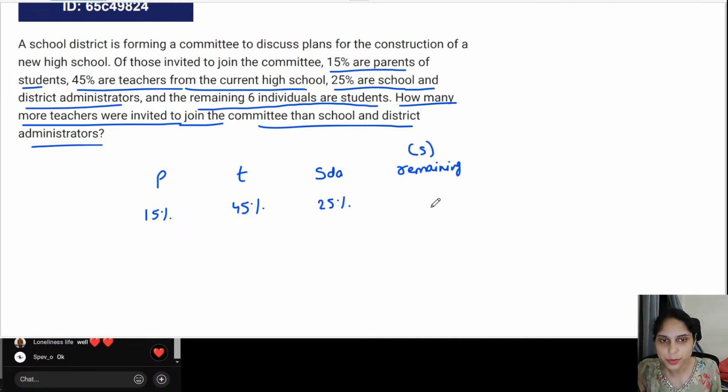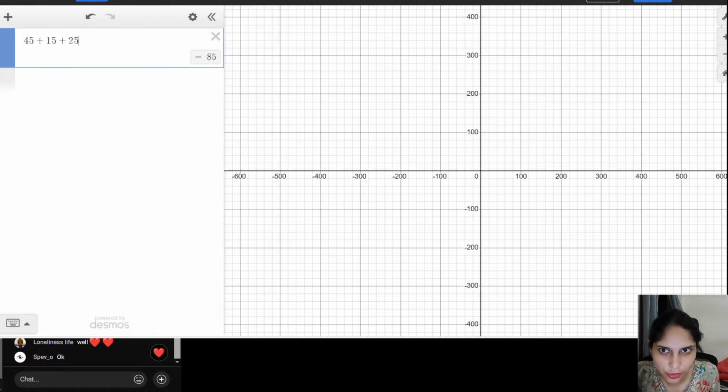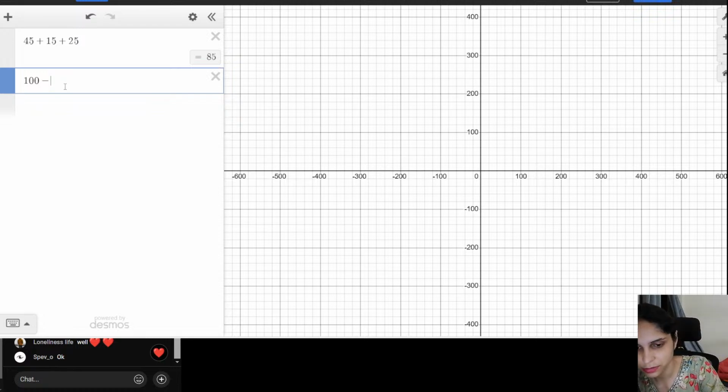So total has to be 100%. When you add everything, it has to be 100%. So out of that, you have 45, 15, and 25. 85%. So remaining is 100 minus 85, that's 15%.